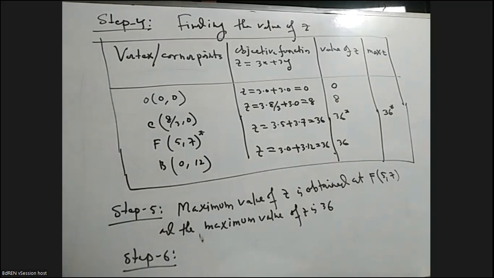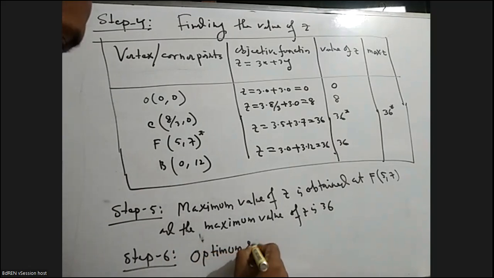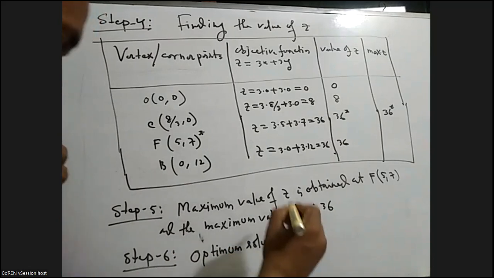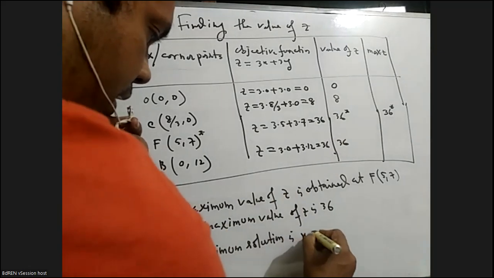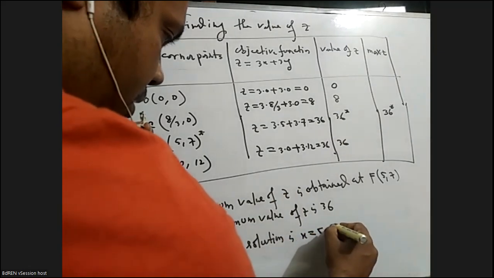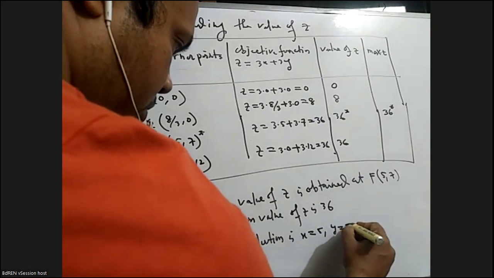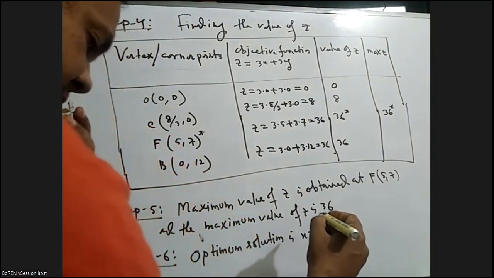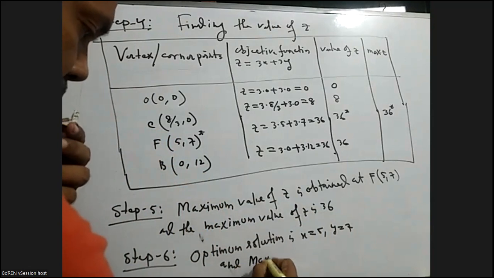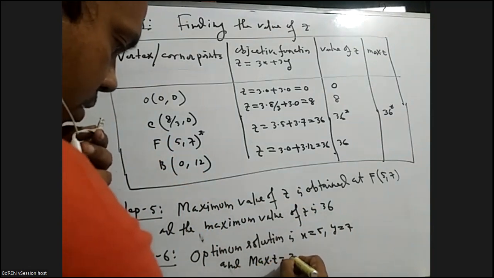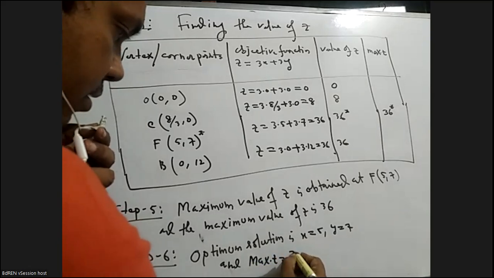Now step 6. Step 6 will be the optimum solution. The optimum solution is x equals 5, y equals 7, and the maximum value of z equals 36.